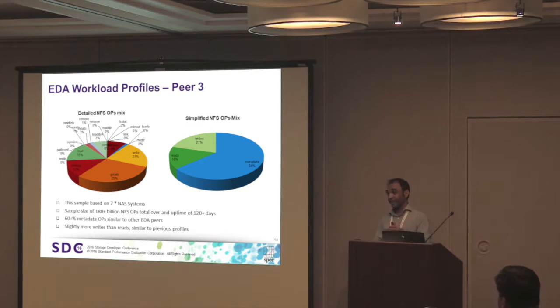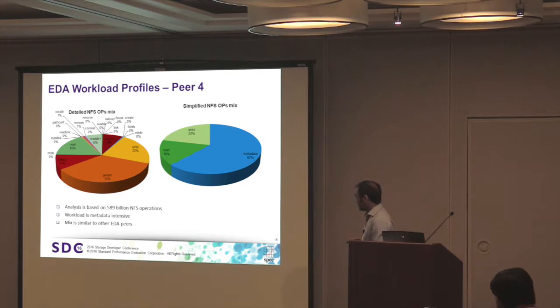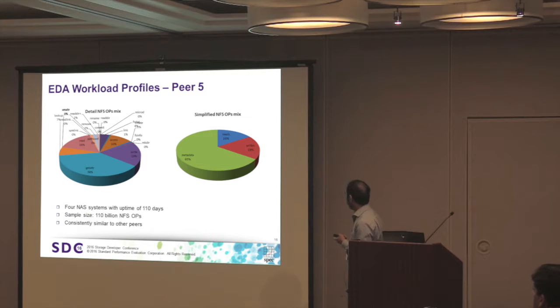Of course, we factor in the unique characteristics of the metadata when we formulate the profile. Here's peer 4: 22% writes, 16% reads, 62% metadata. Peer 5: 65% metadata, 16% reads, 19% writes. So on and so forth, right?